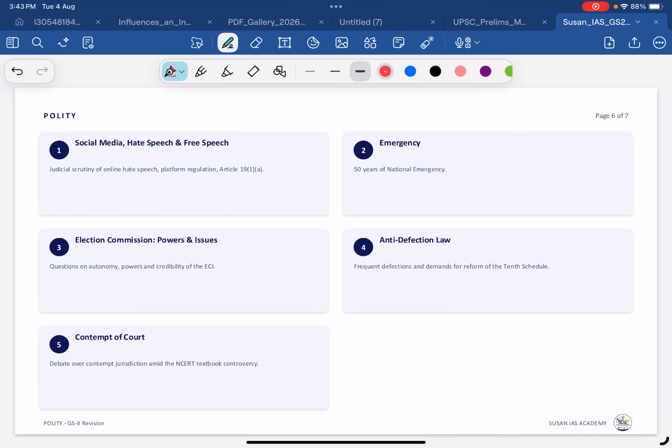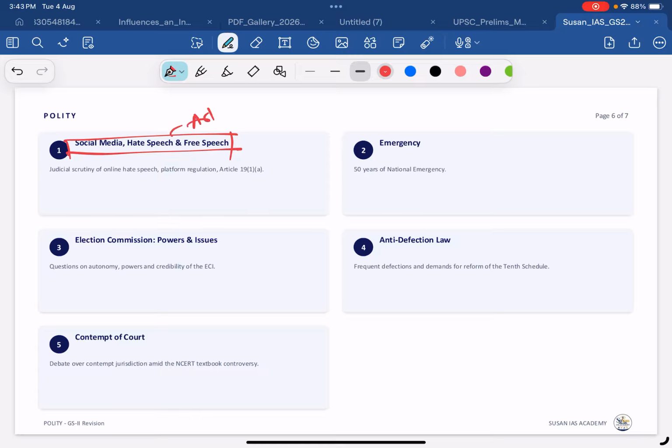Then social media, hate speech and free speech. This is the most important topic for your minds, even for 2026 or even for 2027. This topic can be a game changer. So one has to prepare this topic entirely.